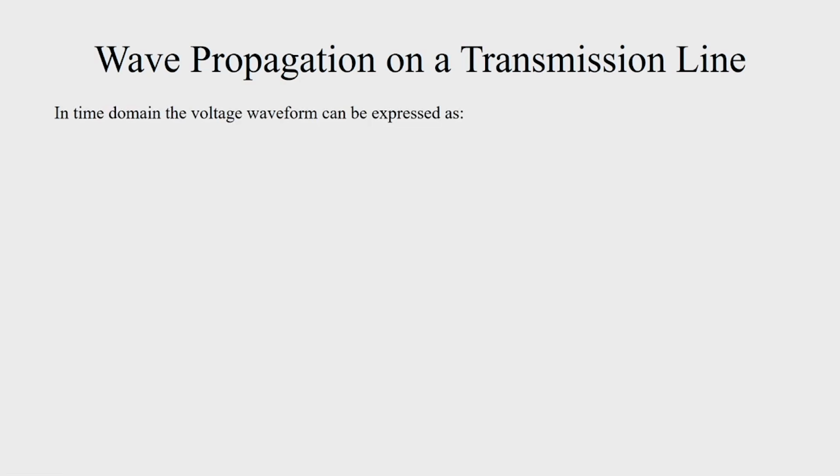If we come back to the time domain form, then we can write V as a function of z and t as real part of voltage phasor Vz e to the power j omega t. And substituting expression for Vz, writing gamma equal to alpha plus j beta, we get this equation.